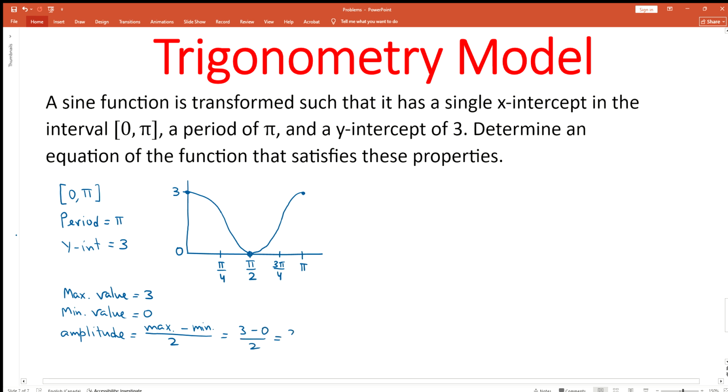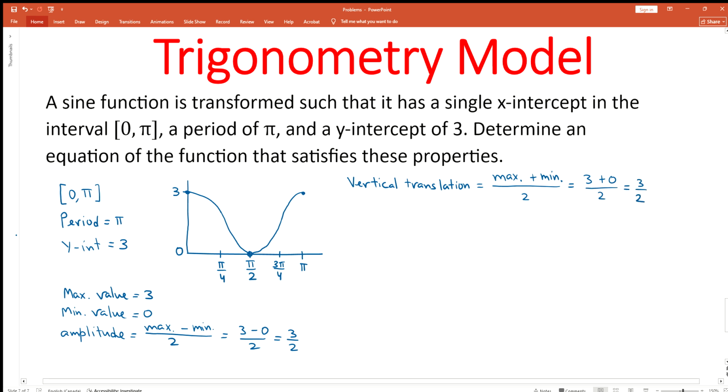I get 3 over 2. Next, we can calculate the vertical translation. The formula is maximum value plus minimum value divided by 2. I get 3 over 2.